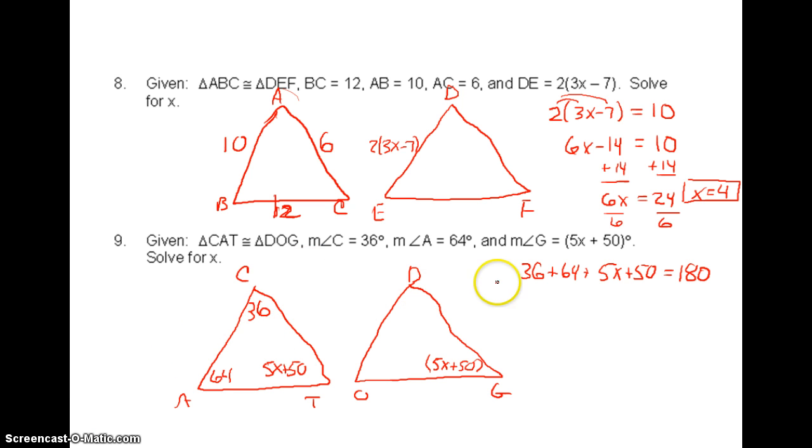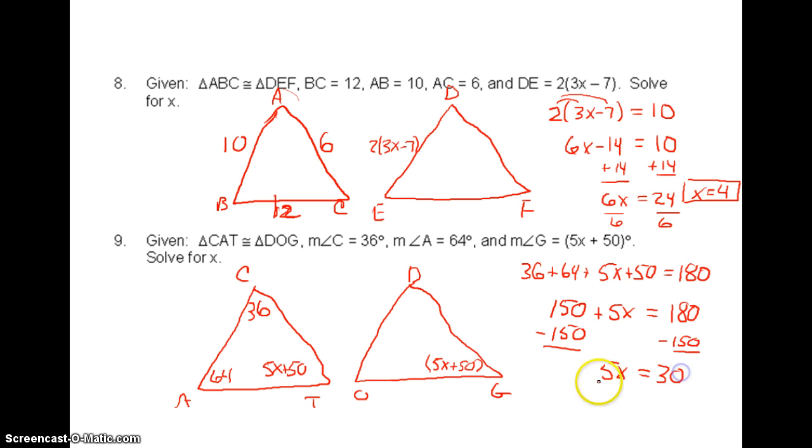So 36 plus 64 plus 50 is 150 plus 5x equals 180. Get rid of this 150 on the side, so we'll get rid of it over here too. So that leaves me with 5x equals 30. Divide by 5. X equals 6. And that's all we had to find. So that is our answer.